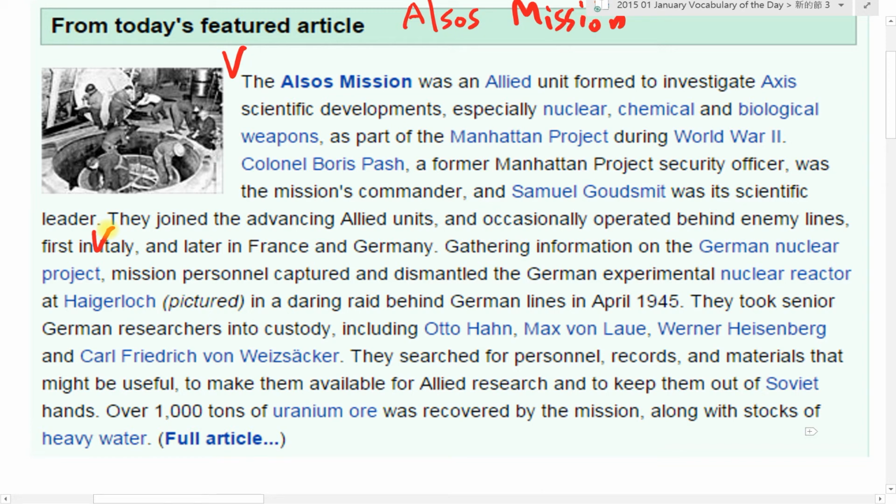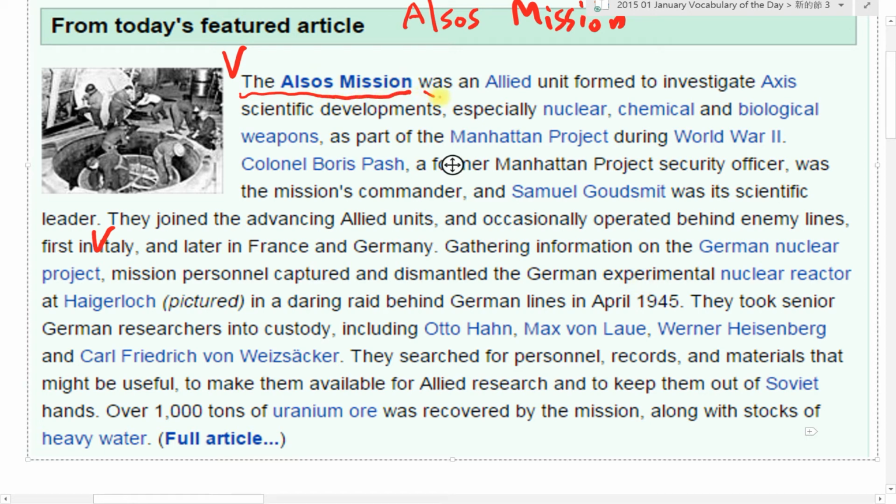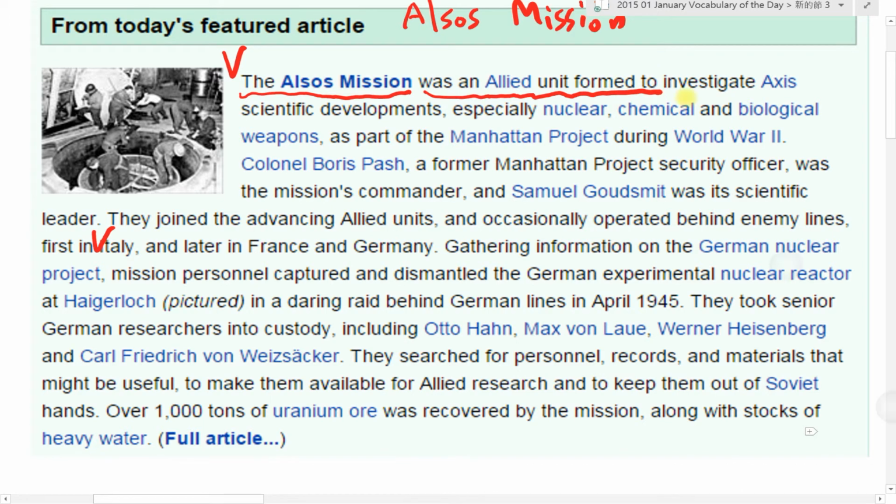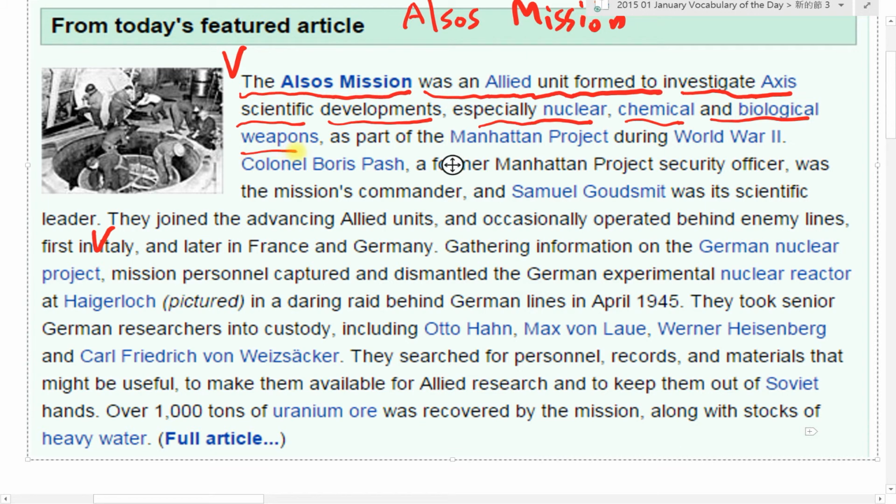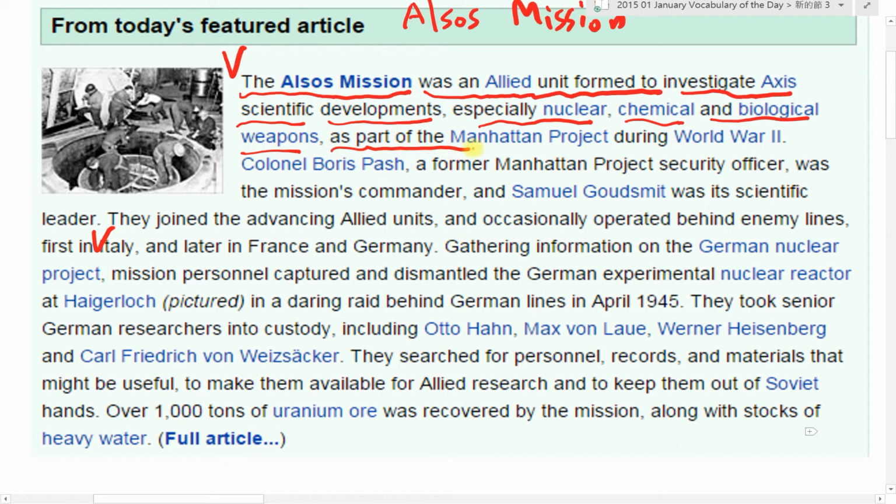好，我们再来跟老师慢慢地再念一遍。The ALSOS Mission was an allied unit formed to investigate Axis scientific developments, especially nuclear, chemical, and biological weapons, as part of the Manhattan Project during World War II.